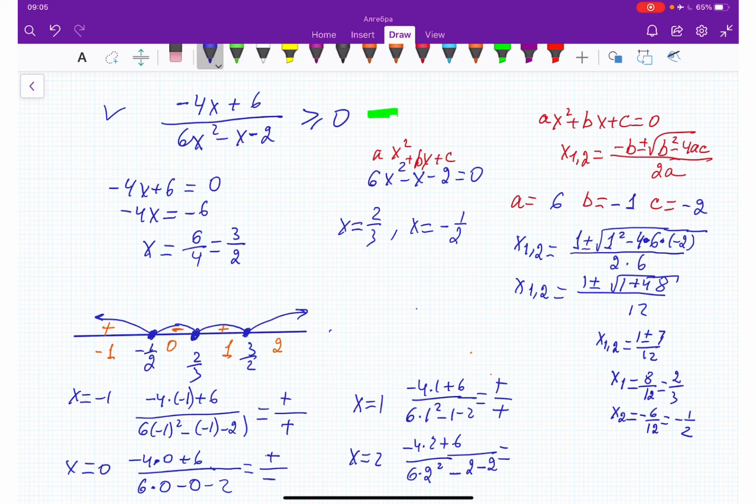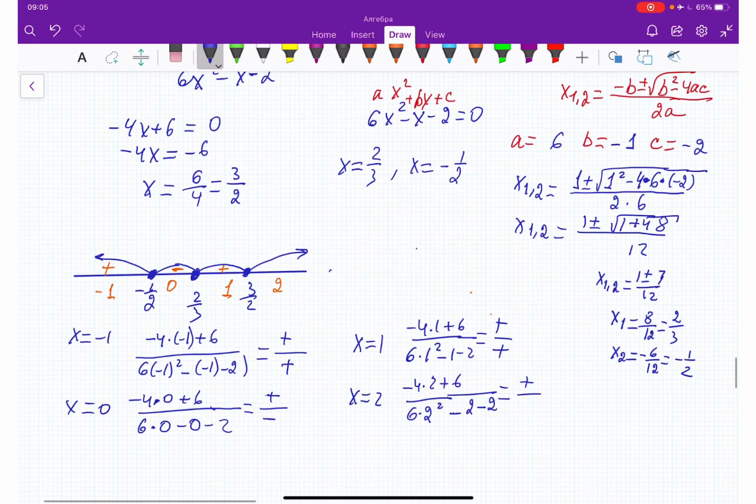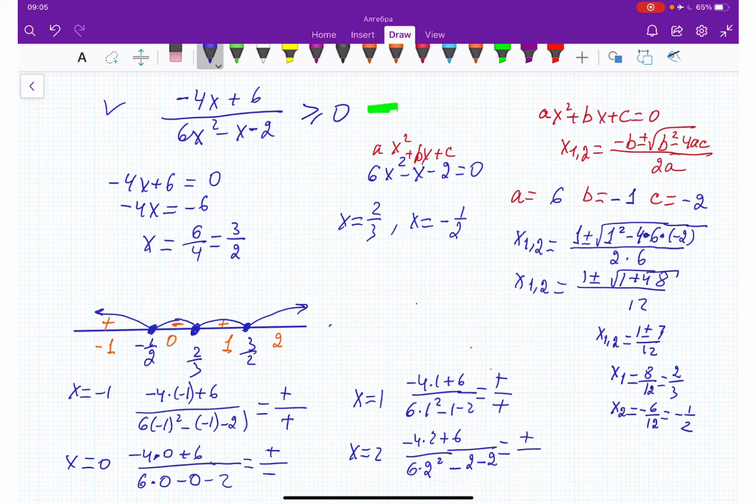Wait, what did I do? Something I did wrong. -8. Okay. This is going to be negative. On the top, -8 plus 6, it's going to be negative. Here it's going to be positive. So we get here negative.